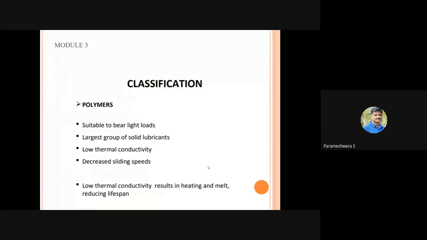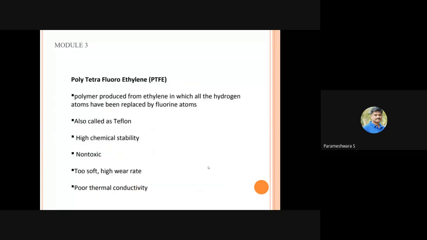As I said, this can be classified further. Solid lubricants can be classified as polymers, made out of polymers, suitable to bear light loads. It is the largest group of solid lubricants, with low thermal conductivity and decreased sliding speeds. Low thermal conductivity results in heating and melting, reducing lifespan. And one more material, polytetrafluoroethylene, shortly called PTFE.